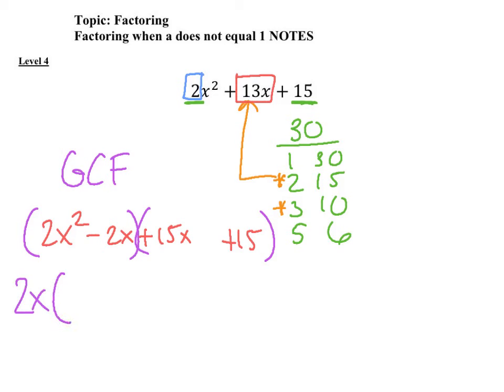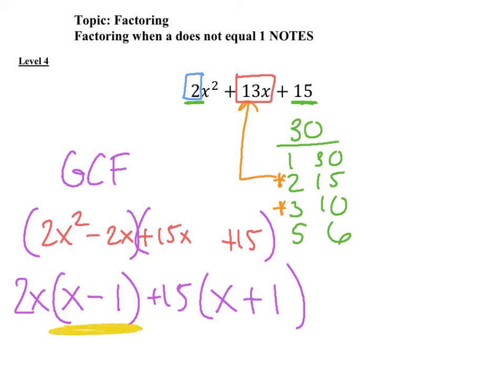So if I pull that out, I have an x left over minus 1. For the second polynomial, I notice I have a 15 in common. So if I pull out a positive 15, I have an x plus 1 in common. I know right away that this is not the correct answer because this term and this term is not the same.